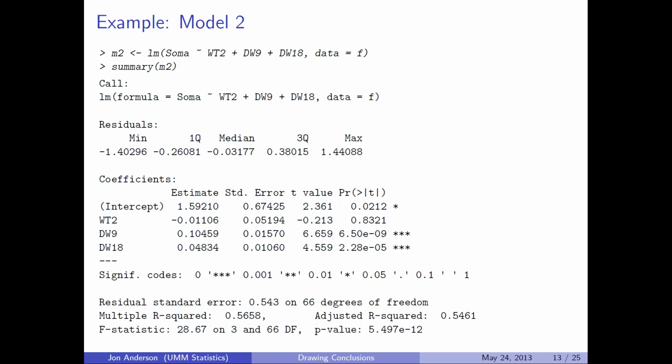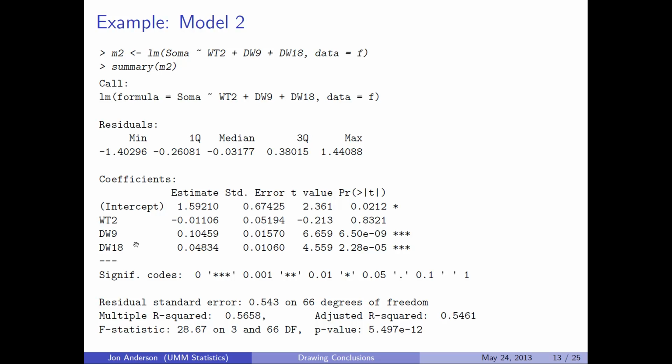How much did the girls grow between age 2 and 9, and how much did they grow between 9 and 18, these difference variables. You'll notice on our model coefficients we still have a negative weight at age 2 coefficient, but it is very not significant, very large p-value, and this is really not significantly different from a coefficient of 0.